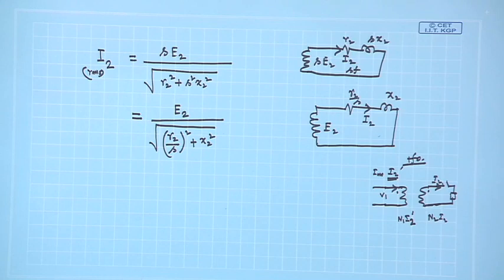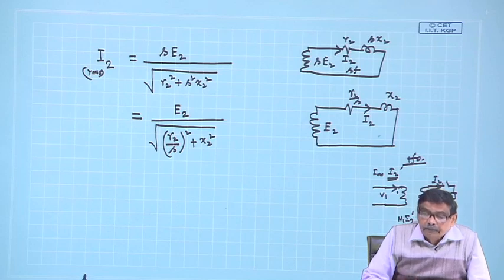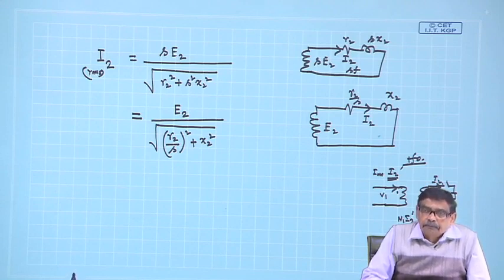That is what it will do. In other words, what I am telling is, if you have an unloaded secondary of a transformer, open circuited, the current drawn by the transformer primary is the magnetizing current.